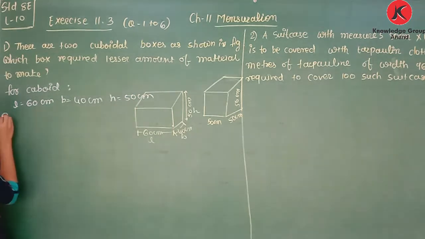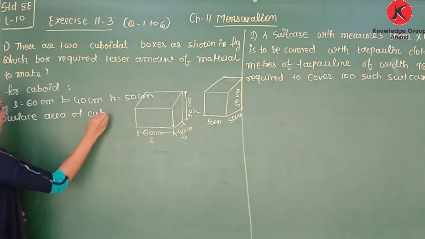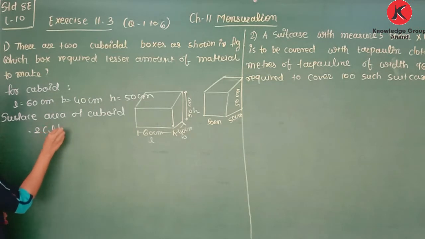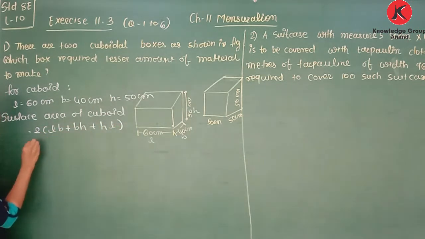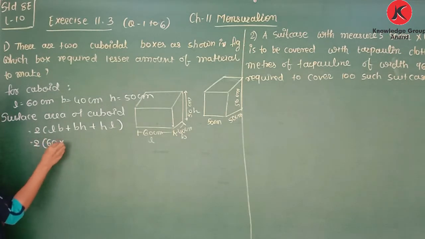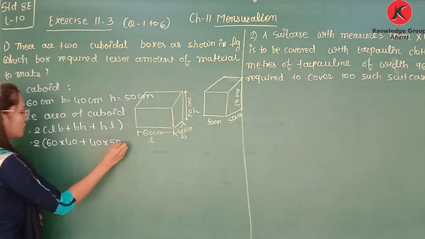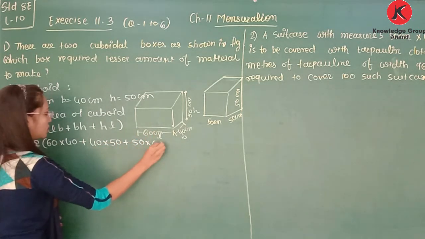So surface area of cuboid is equal to 2 inside the bracket LB plus BH plus HL. L is 60 multiply 40 plus 40 multiply 50 plus 50 multiply 60.